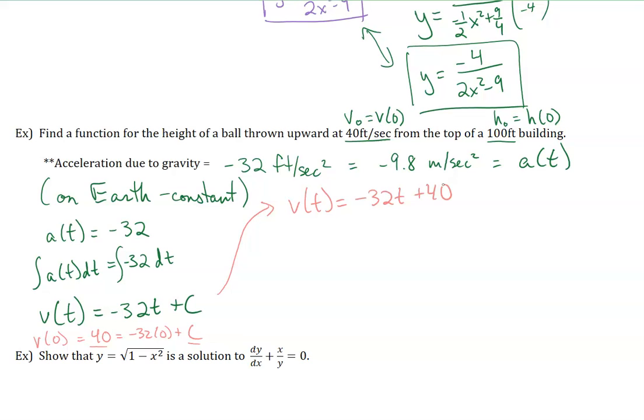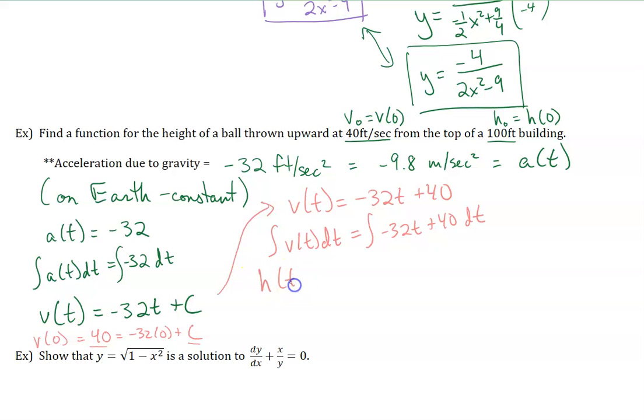And then we know that velocity is the derivative of position, meaning that position involves the antiderivative of velocity. So now I'm going to take the antiderivative of v of t with respect to t, the antiderivative of negative 32t plus 40 with respect to t, and I get position, or because we're dealing with vertical position or height, I'm going to use h.